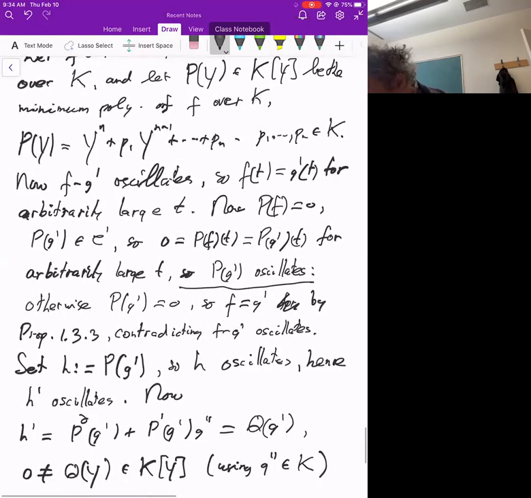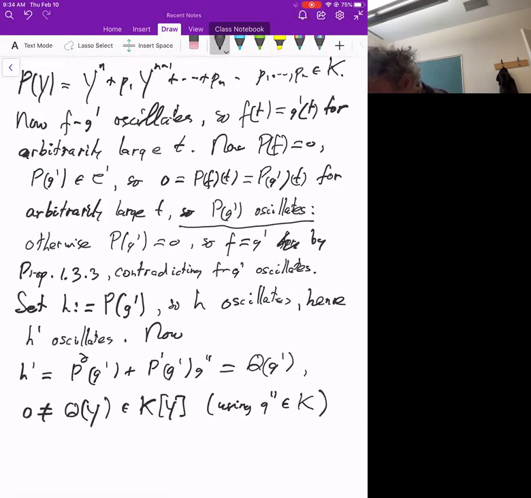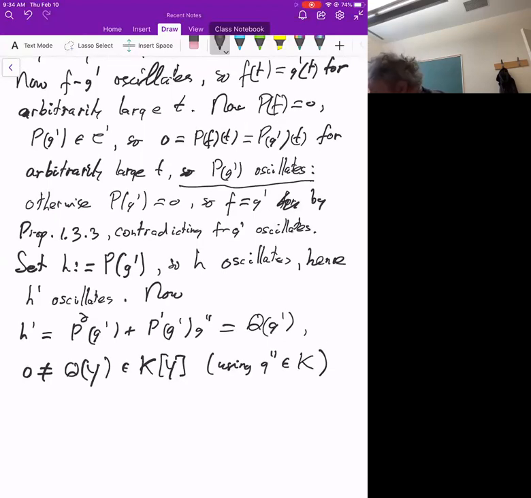And if you express these coefficients that way, and you also use that G double is in K, you will see that H prime is indeed equal to Q G prime for Q a polynomial over K. And if you carefully look at the degree, you will see that degree Q is less than or equal to n.